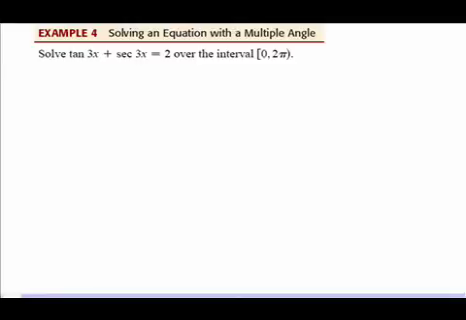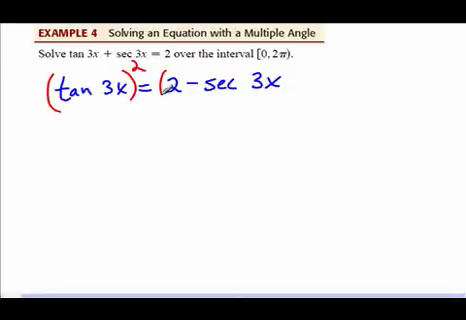We want to try to, like I said, eliminate the fact that we have 2 different trig functions in this equation. We want to try to get it to 1 trig equation. So let's go ahead and subtract secant 3x to the other side, giving us 2 minus secant 3x. Now we'll go ahead and square both sides of the equation. Raise both sides to the 2nd power.